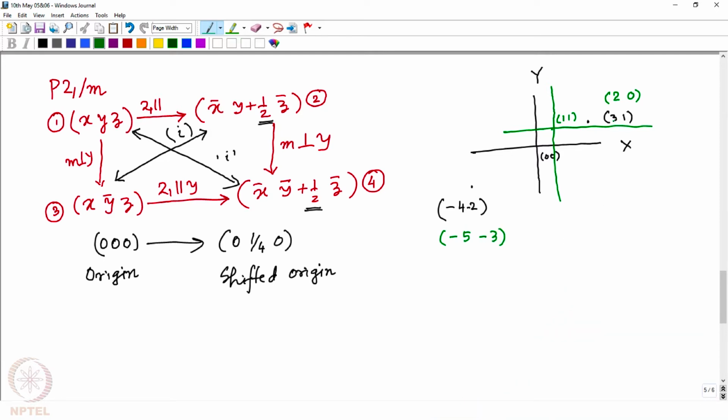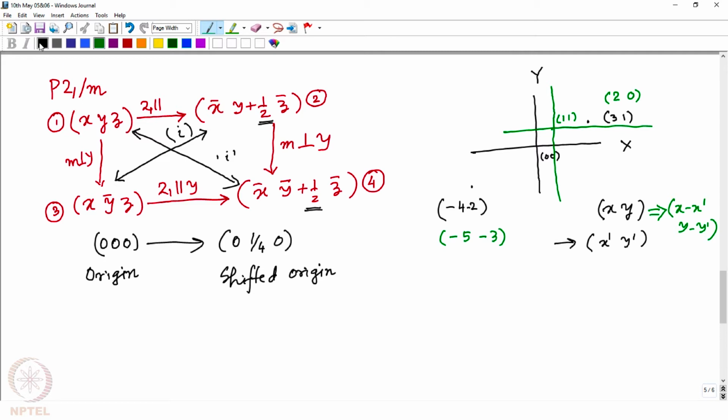So if a coordinate has positive numbers and we shift the origin to some positive numbers like x prime, y prime, the positive coordinate changes to x minus x prime, y minus y prime.